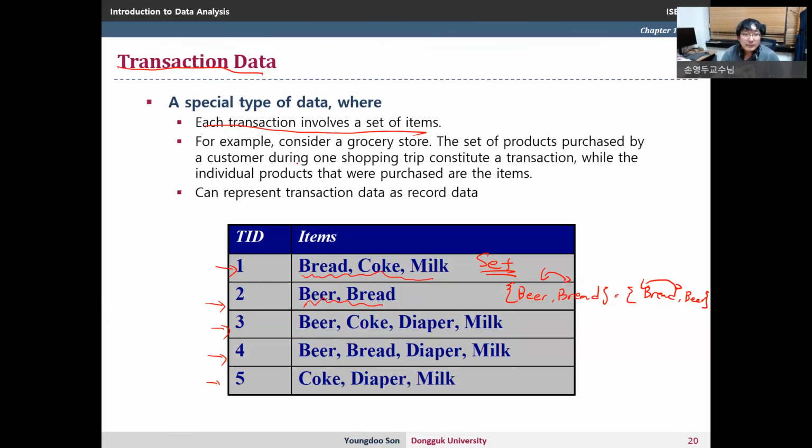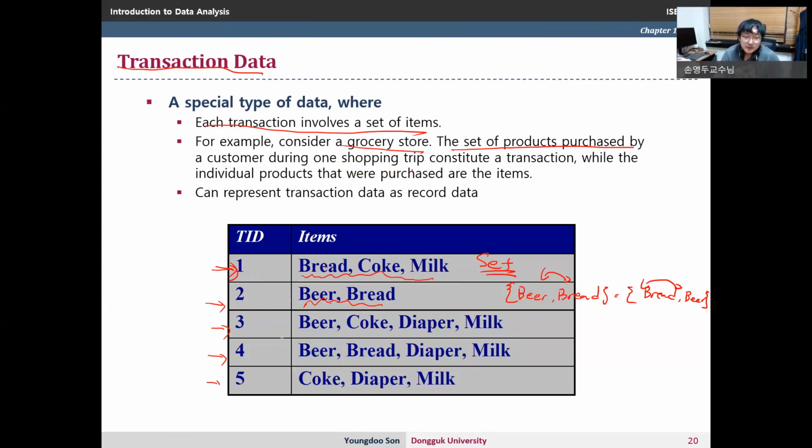So the typical example of this transaction data is a grocery store. The set of products purchased by a customer during one shopping trip constitutes a transaction, while the individual products purchased are items. Okay, so for example, one customer bought bread, coke, and milk, and the second customer bought beer and bread.